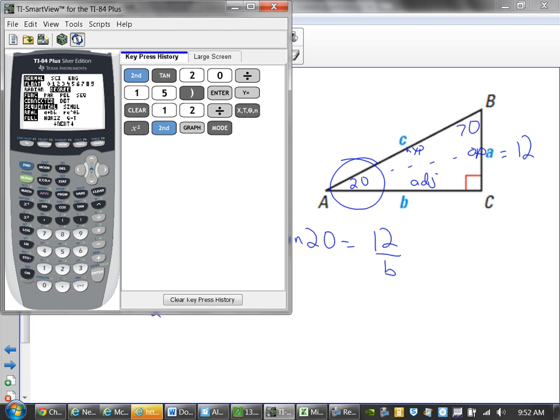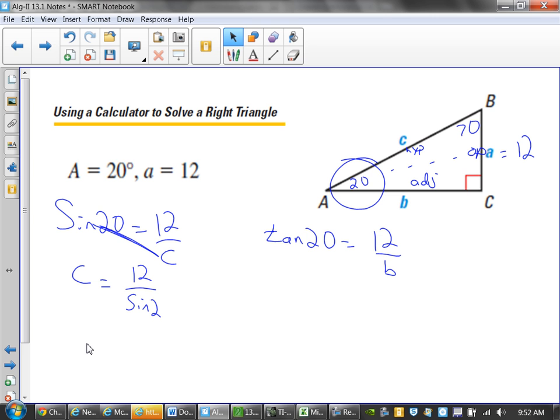Okay. So again, just make sure you're in degree mode, and now all you have to do is take 12 divided by the sine of 20. Then what do you get? 35.1.